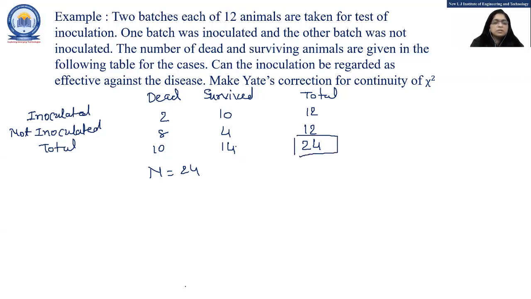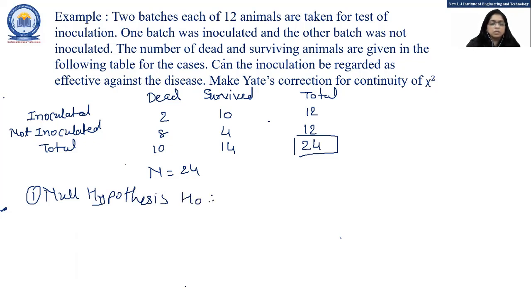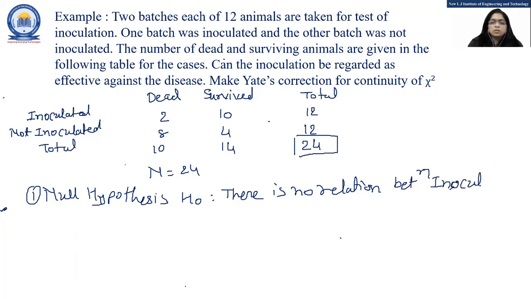animals. Number 1, null hypothesis H0. There is no relation between inoculation and death.